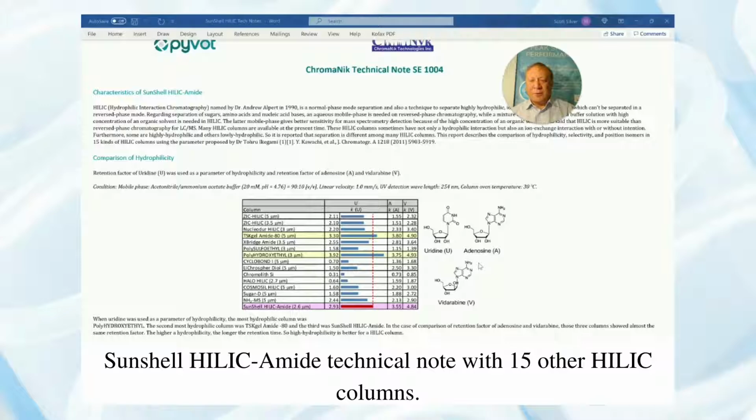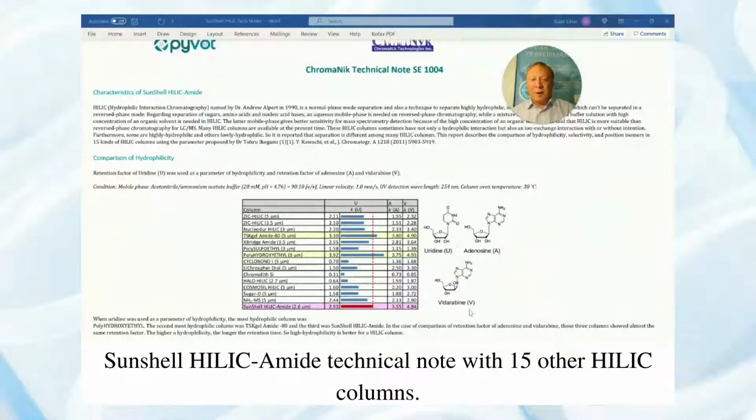And we're going to look at the retention factor of uridine, adenosine, and vidarabine. Prior to moving forward, I also want to highlight the conditions, as these will be used in other parts of this technical note. The mobile phase is acetonitrile with ammonium acetate buffer, 20 millimolar with a pH of 4.76, at 90% to 10% volume per volume.